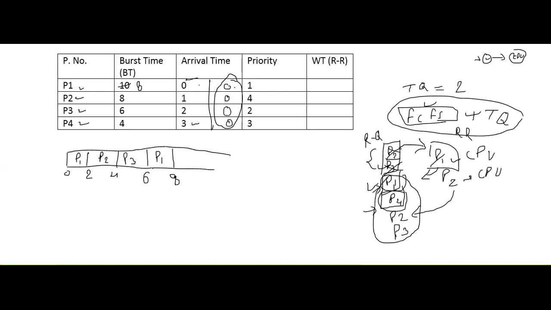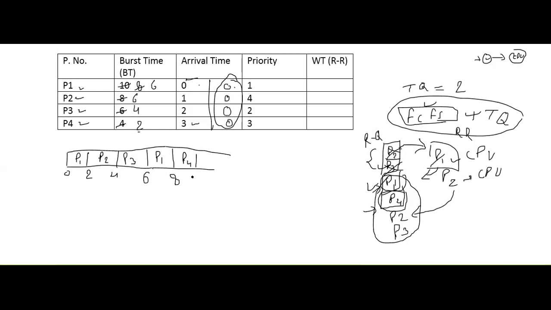After P1, let's pick again. Since everyone has executed 2 units of time, this becomes 6, this becomes 4, this becomes 2. Now after P1, which process will get executed? That is P4, so I have already cut it.